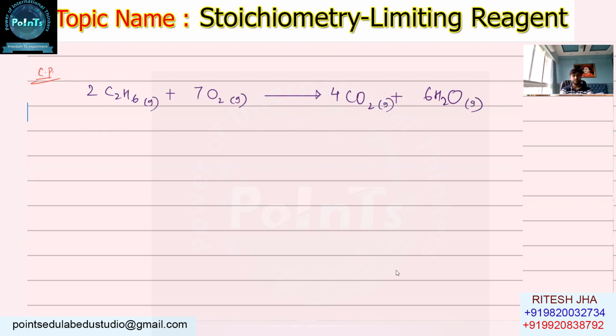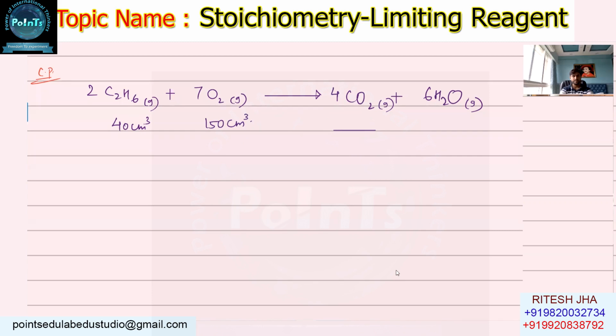Now you are given 40 cm cube of C2H6 and 150 cm cube of O2.